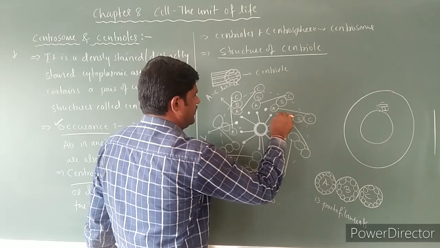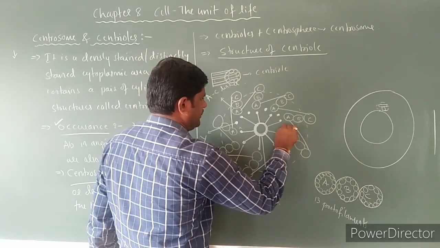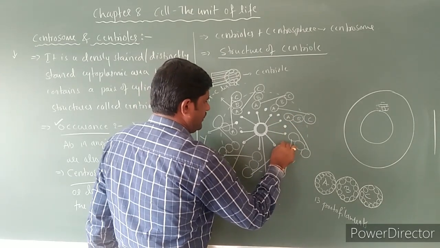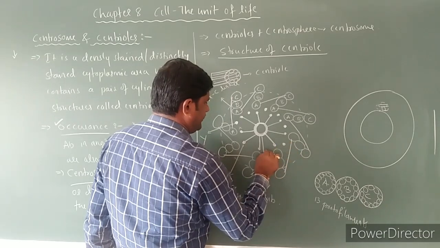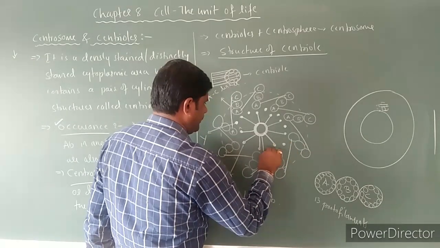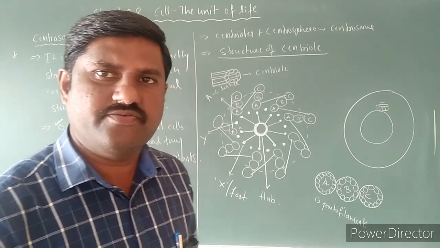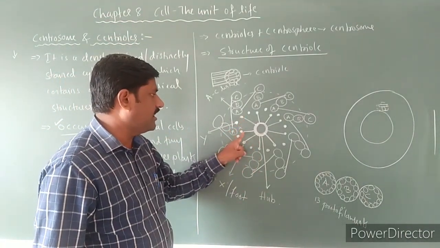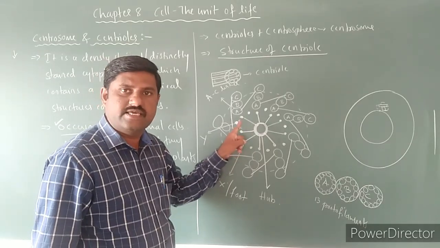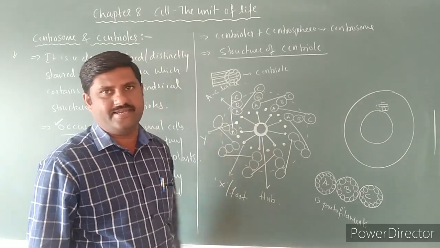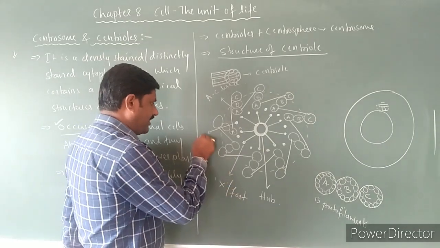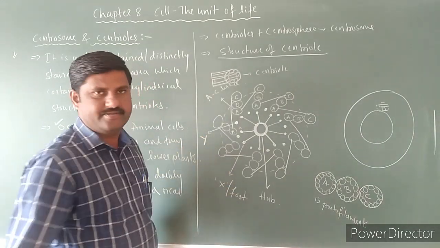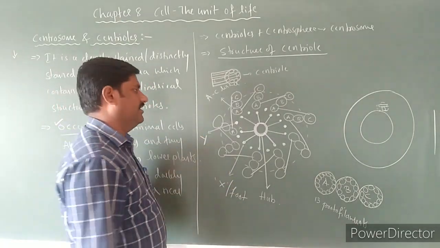This is another one, and another one. Like this, Y thickening is also seen over here. So there is another thickening which is lying between two X bodies or X thickenings, and that is called Y thickening.